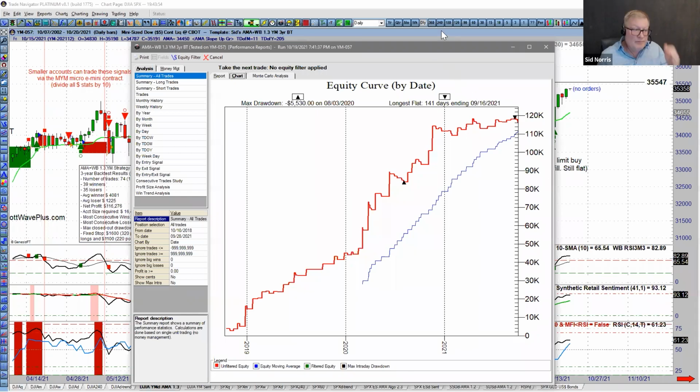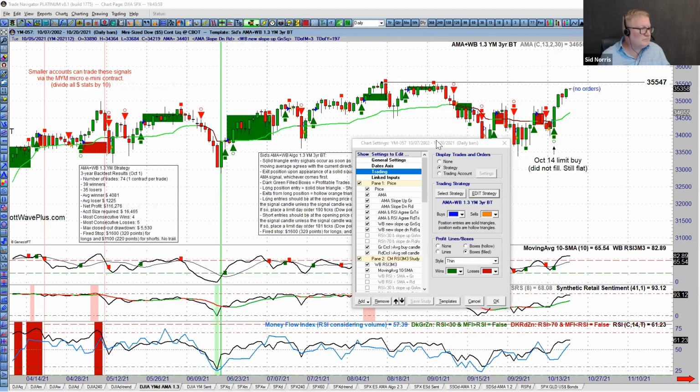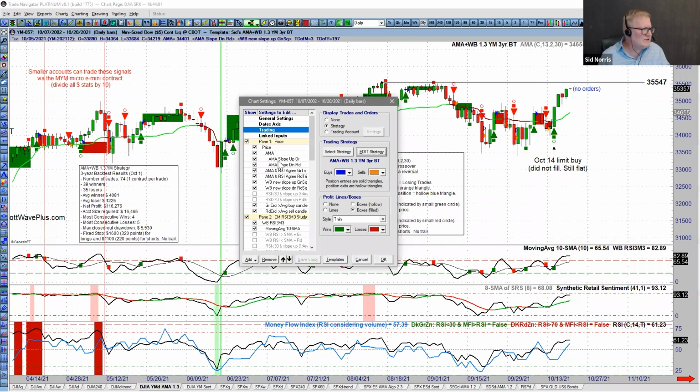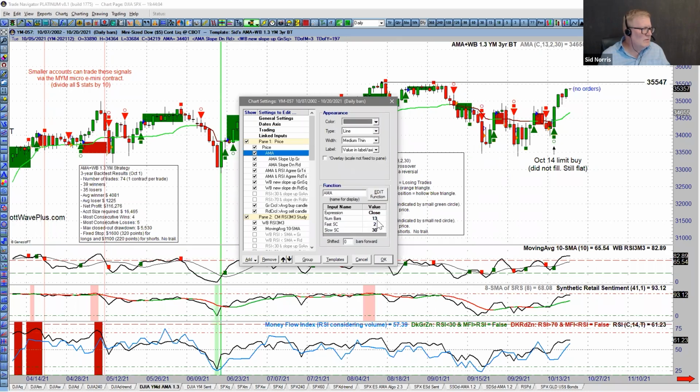And another thing I'll mention on the algo is the settings that we ended up with here: 13, 2, and 30 on the adaptive moving average, a 10 period moving average of the Walter Bressert, back tested best, as well as the size of the initial stop, both long and short, and whether to use a trailing stop or not.